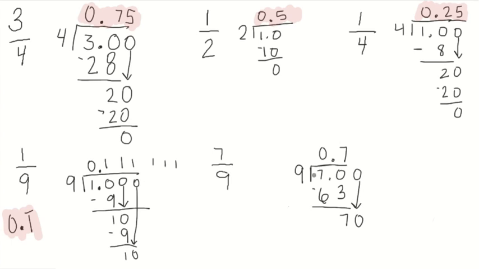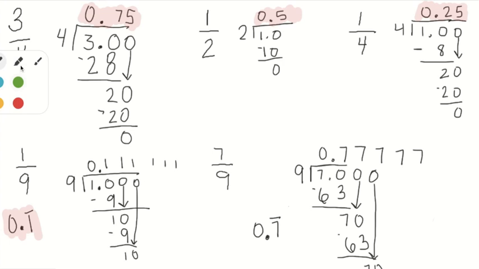Bring down my 0. 9 into 70, 7 times, 9 times 7, 63. This one is also repeating. Add another 0 to bring down. I'm seeing a pattern. It's going to repeat over and over again an infinite amount of times. So I'm just going to write this as 0.7 with the bar on top to show that I have a repeating decimal. Okay? And that's that.